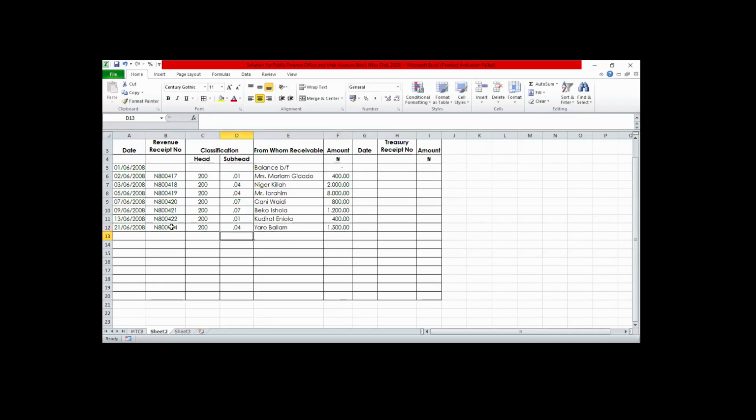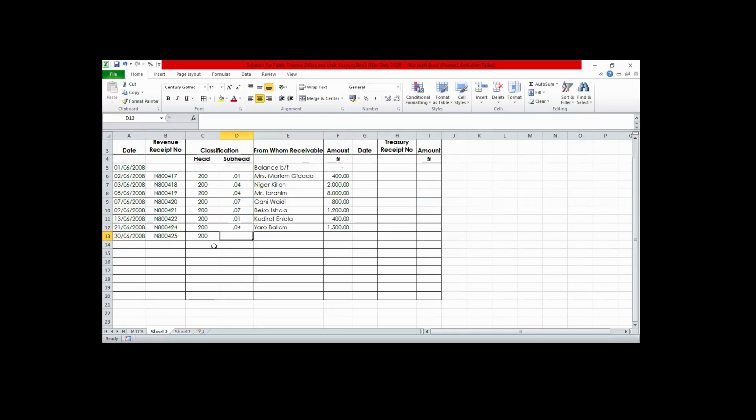The next transaction, 30th of June 2008, and N800-425 under the head of 200. Who is the person and what does he pay for?